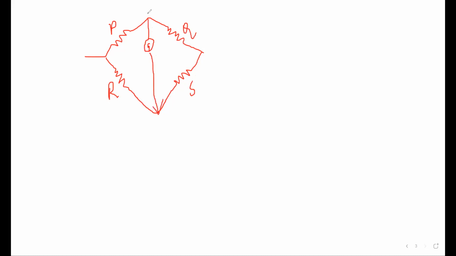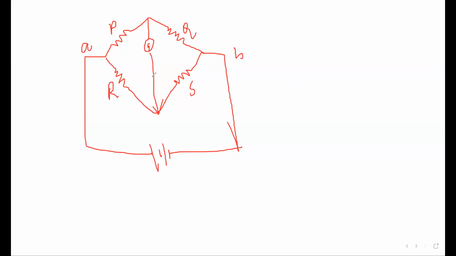There are terminals called A, which will be connected with a battery or supply. This is a small A point, and somewhere here we can put a B point. Now look at this circuit, where the Kelvin bridge is of resistance small r, which connects capital R, my unknown resistance, to a standard resistor S. This is my standard resistor S.